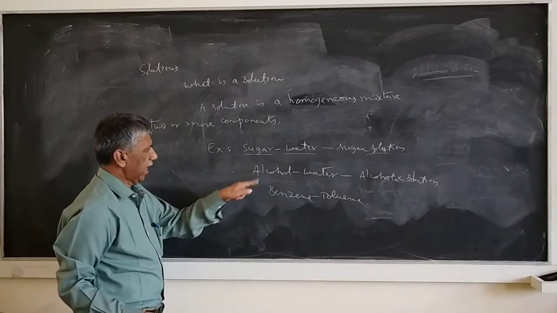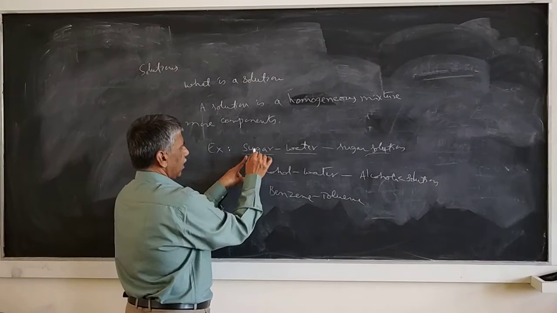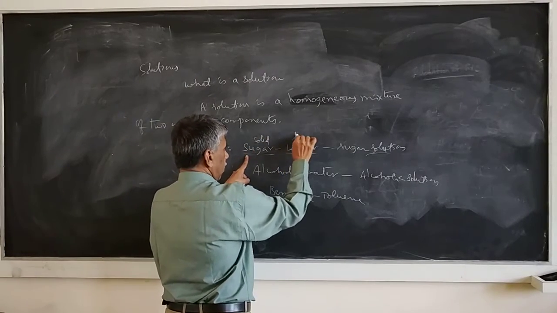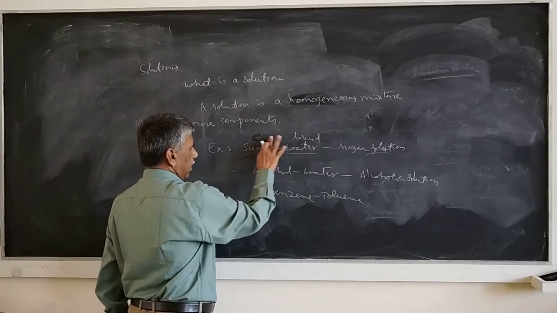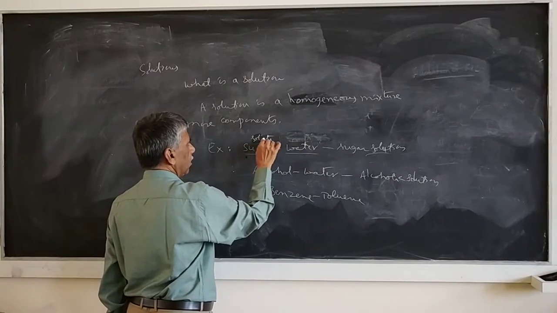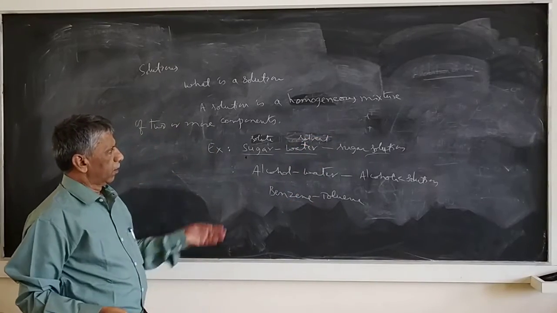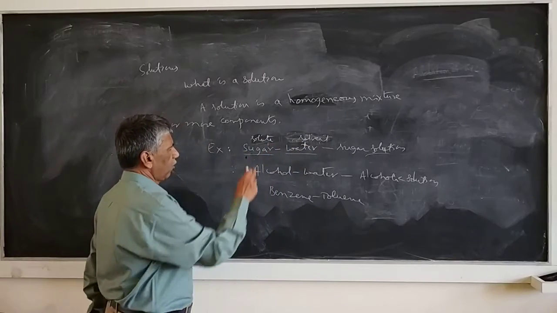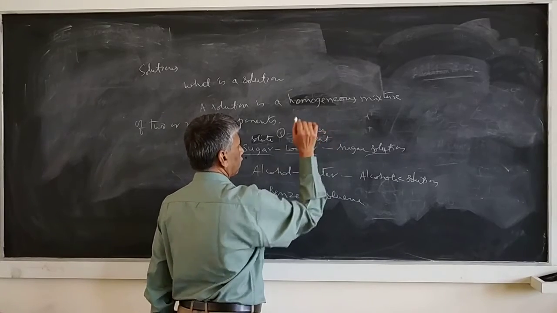For the first example and second example, the difference is, in the first example, this is solid and this is liquid. Let us take this as solute and this as solvent. So in the first example, solute is solid and solvent is liquid.